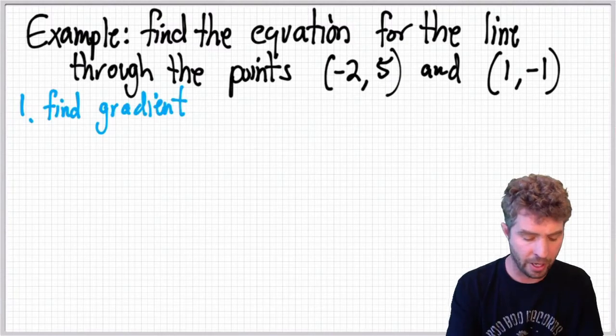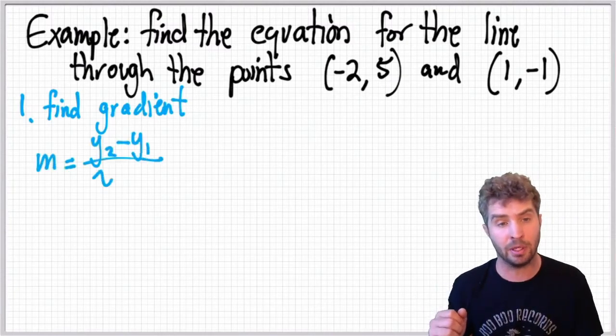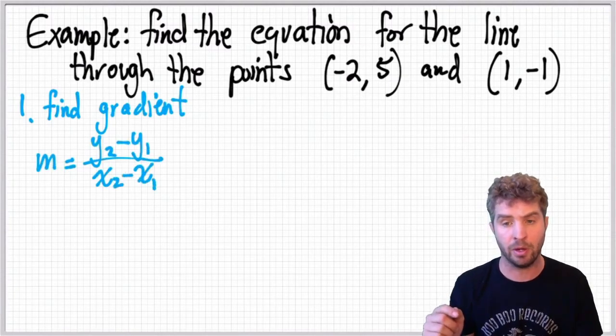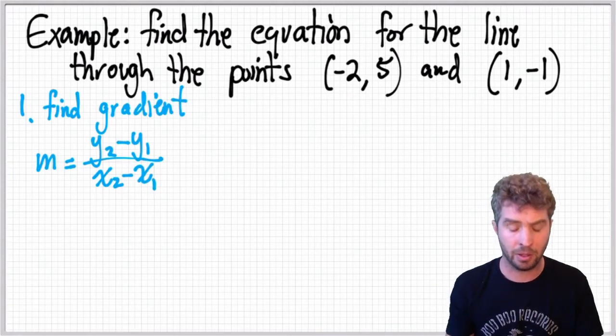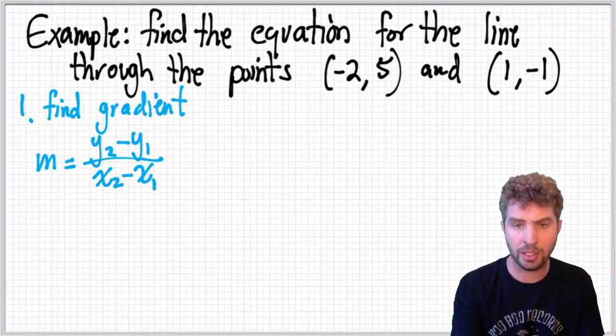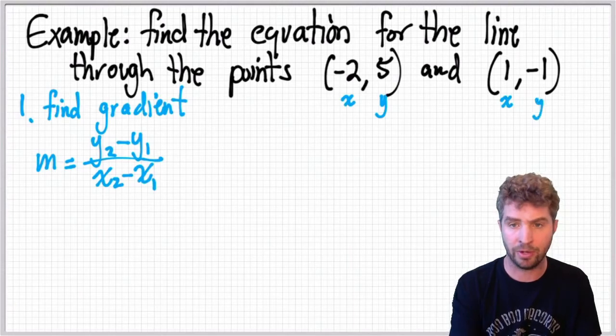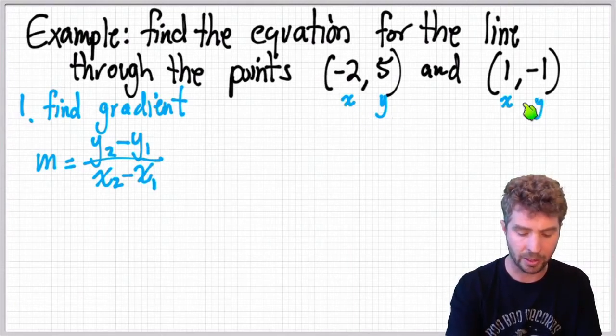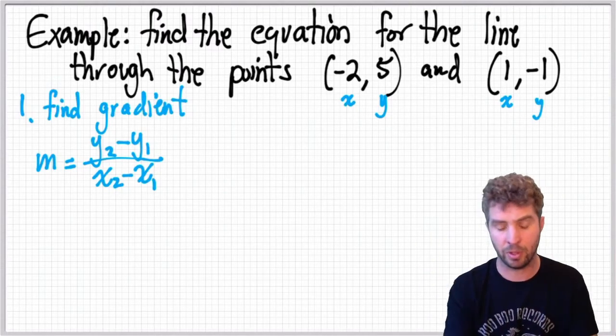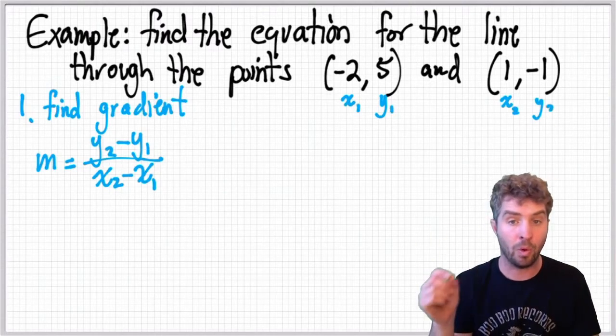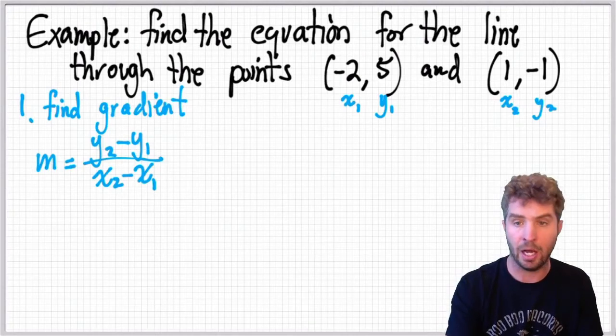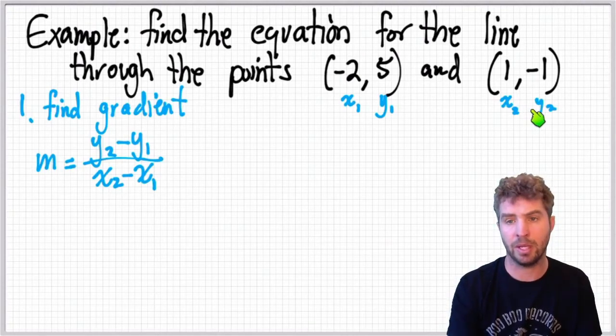We can find the gradient by using that formula we saw on the previous page, y2 minus y1 over x2 minus x1. So we'll take these two points, and we see that we have x coordinates and y coordinates for each of them. Let's say the first one, the -2, 5, is going to be point 1, and then the 1, -1 is going to be point 2.